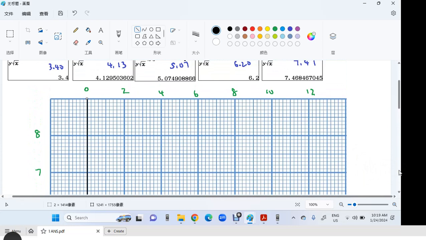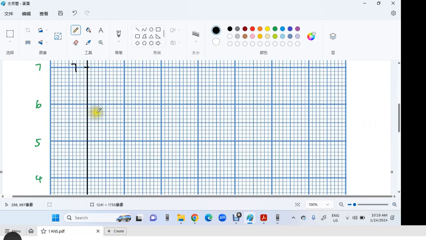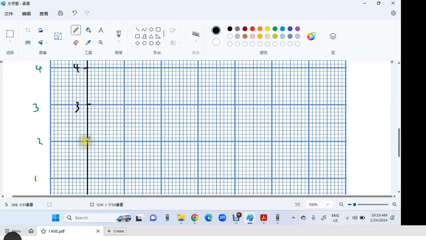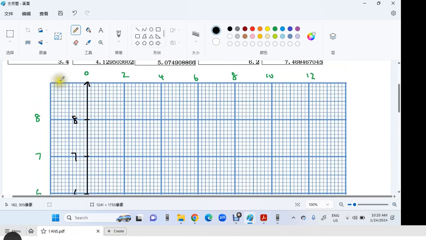After we have the x-axis and the y-axis here, we label it 6, 5, 4, 3, 2, 1, and then 0, 2, 4, 6, 8, 10, 12. This is the x square root x, and this is the y square root x.